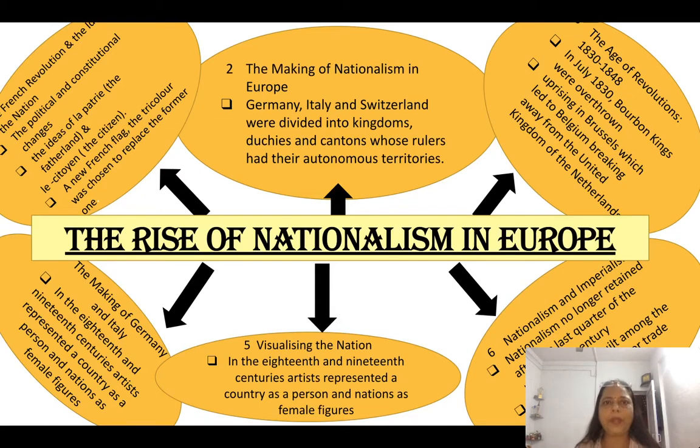The second point is the making of nationalism in Europe, the age of revolutions 1830 to 1848, the making of Germany and Italy, visualizing the nation, and nationalism and imperialism.